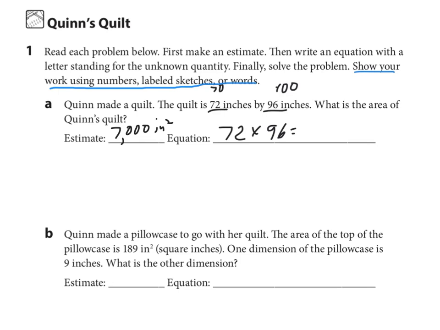If you want to try out something new, which we've been working on, I would do 72 times 100, and then 72 times 4, because 96 is 100 minus 4. 72 times 100 is really easy. Then to do 72 times 4, double 72, and then double it again, then subtract those. That's a way you probably haven't done before, but it will show a new way to do this.